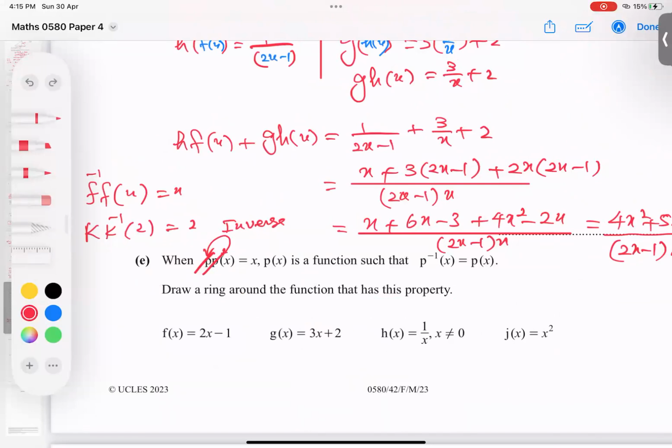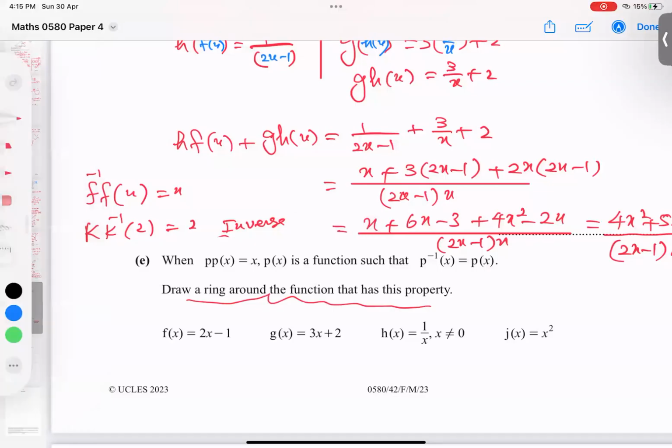So he's saying here, students, they are confirmed inverses of each other, and I have to check it. He's saying that P of x is a function such that P inverse equals P. All right. And draw a ring around a function that has this property.